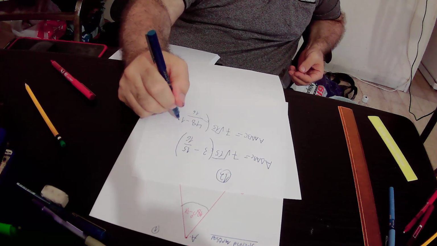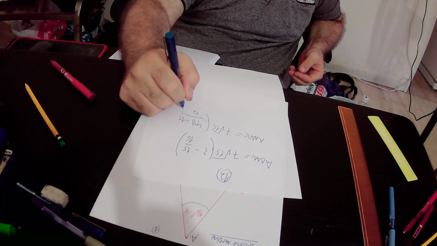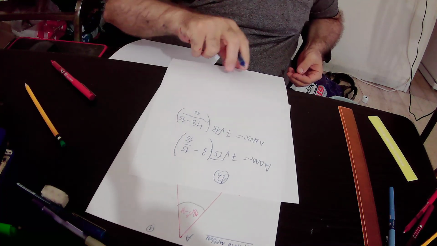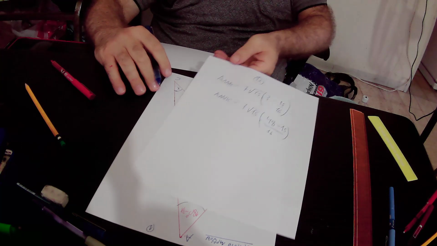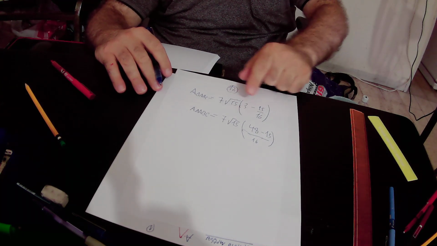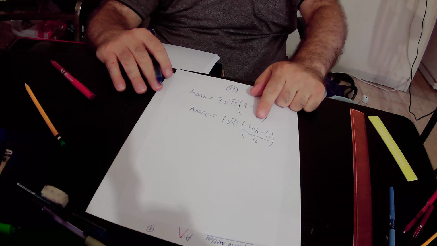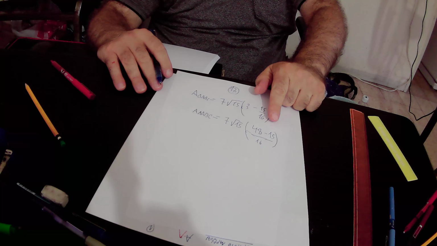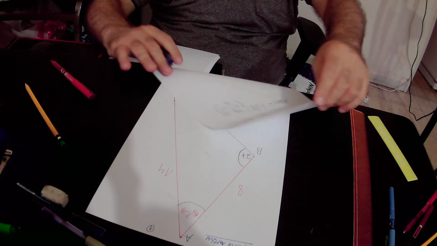Minus 15. In total the area of triangle ABC equals 7 times root 15. In the brackets we have 48 minus 15 over 16. 48 minus 15 is 33. So I'll write it down.